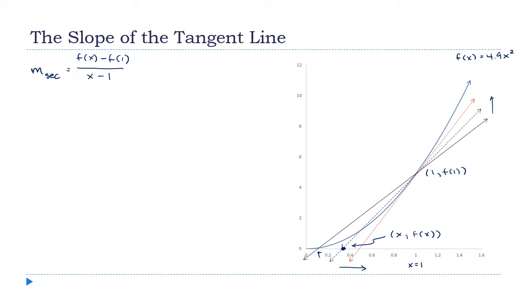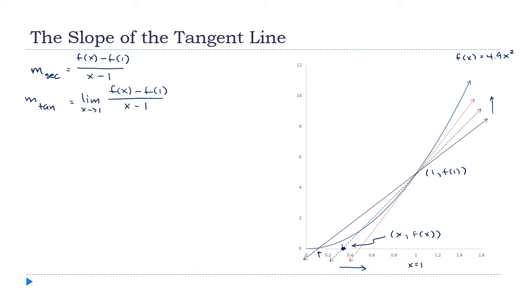And what I want to know is what is the slope as x gets really, really close to 1. Remember how we say that. I'm going to use my limit. The limit as x approaches 1 of f of x minus f of 1 over x minus 1. And this is going to be the slope of the tangent line at that 1 point.